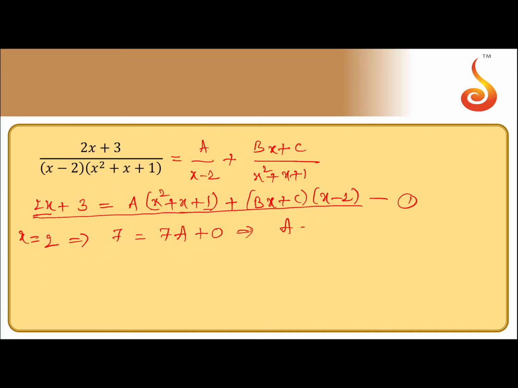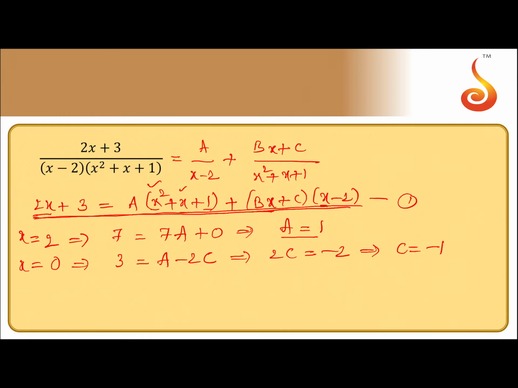So a = 1. Now when you substitute x = 0 in the same condition 1, the left-hand side gives 3, which equals a plus (0 − 2c). But a is 1 already. Therefore 2c = −2, and that gives you c = −1.